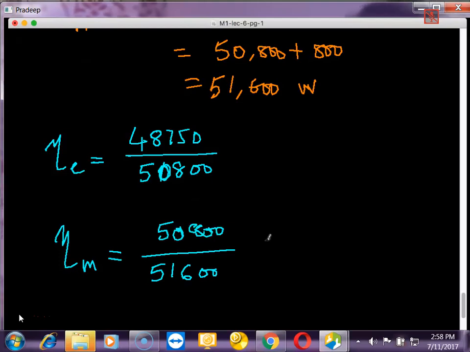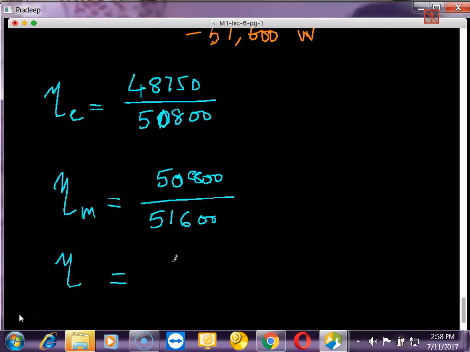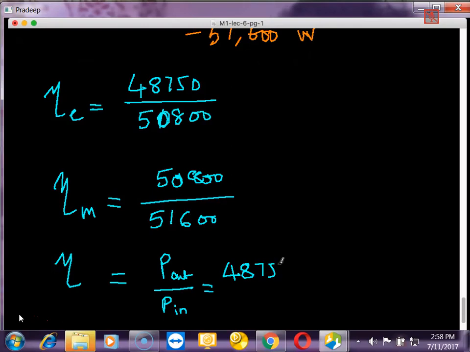And overall efficiency of the machine is nothing but P out divided by P in of the total machine. So that is 48750 divided by 51600. Let's quickly calculate these numbers.